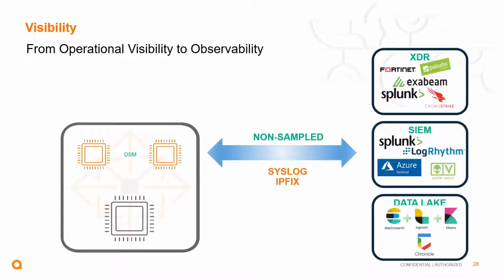I'll show you that on this slide. If you can see the switch here with the DSMs, these are the specific ASICs that we have. We can export the flow data as non-sampled data, either through syslog or IPFIX, to an external system. It can be an XDR system, a SIEM system, or a data lake. So it's fully non-sampled flow data that we can export.